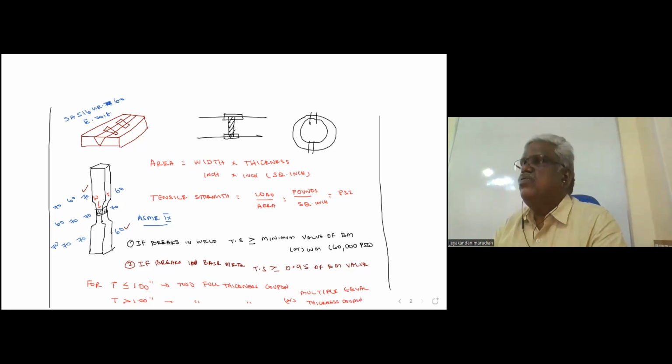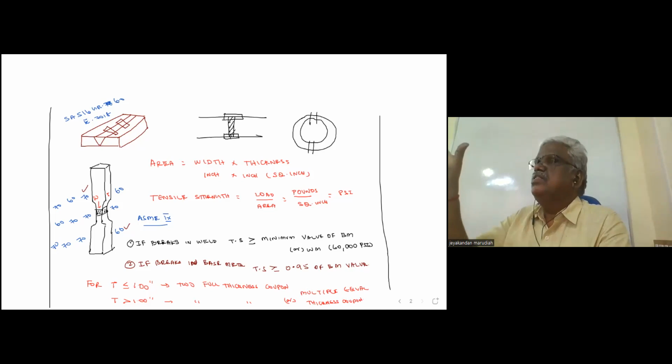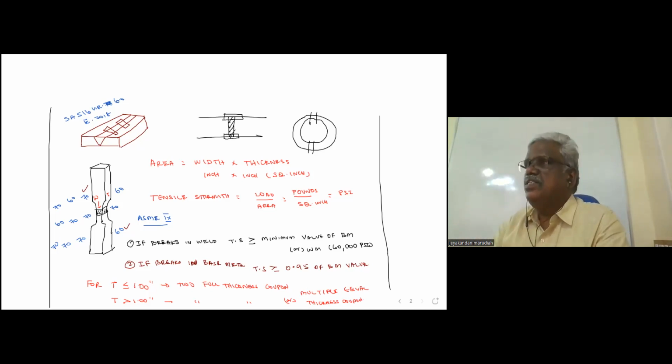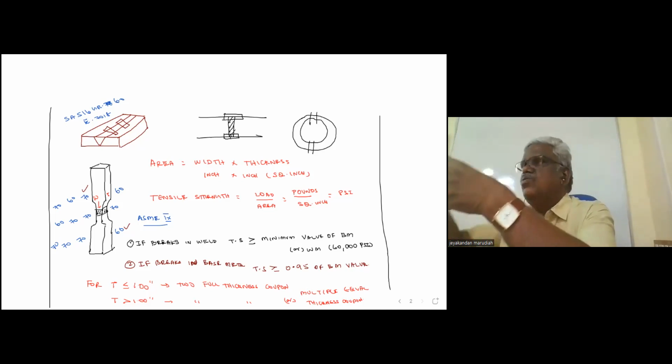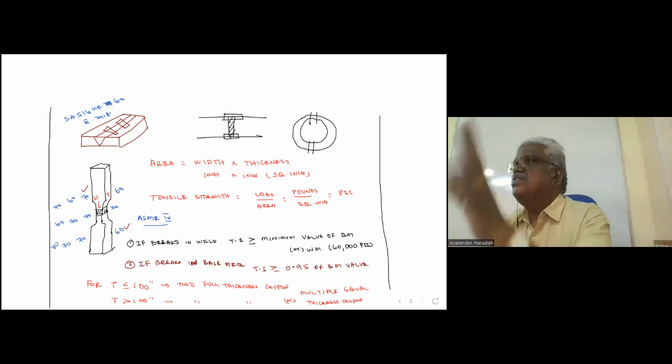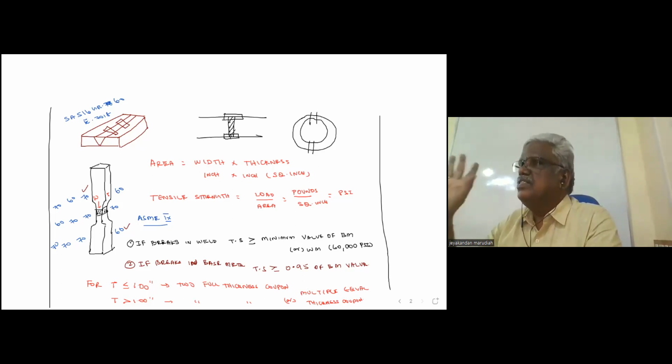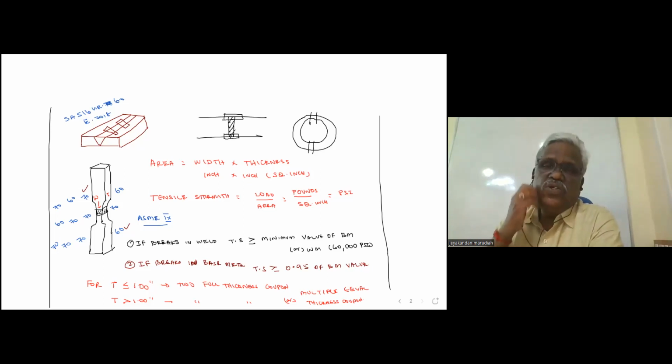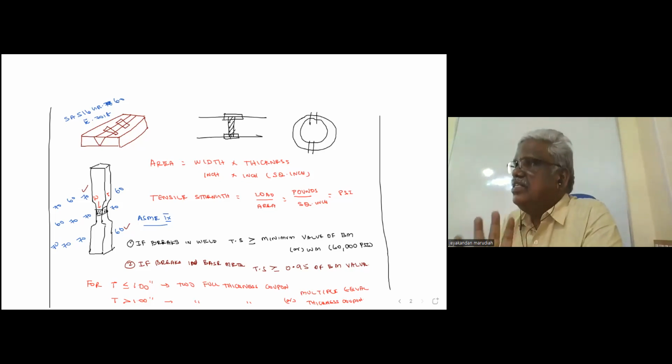What is meant by multiple equal thickness coupons? Suppose your thickness is 3 inches and your machine does not have that much capacity. You can cut the 3 inches into three 1-inch pieces. Then we will get 3 plus 3, 6 specimens. All 6 should pass the test, then only the test is considered acceptable. Even if 1 out of 6 fails, the test is failed. This is what you should know about the tensile test. Is it clear? Please write this.